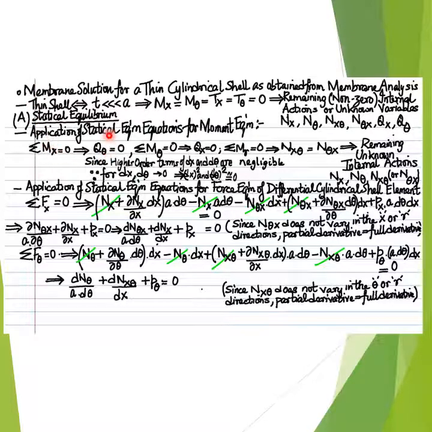Further, recognizing that each of these remaining non-zero unknown internal actions, that is nx, n theta, nx theta, n theta x, qx and q theta, that need to be solved for, varies spatially.